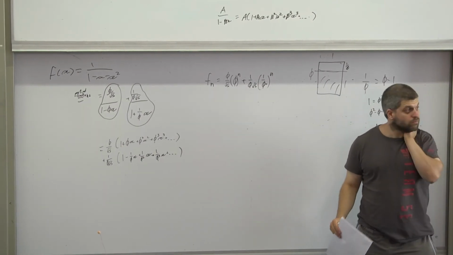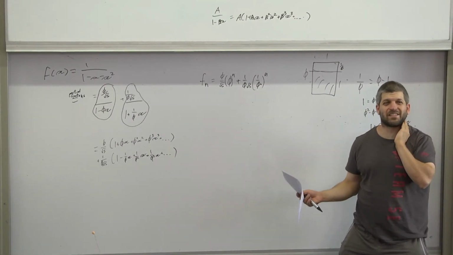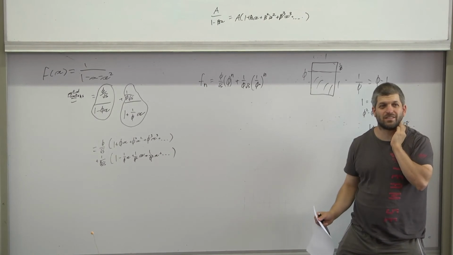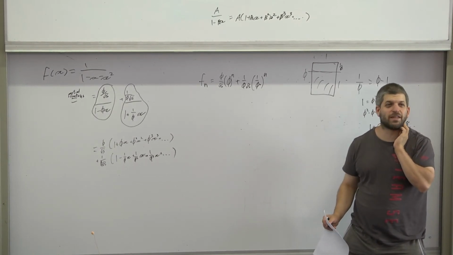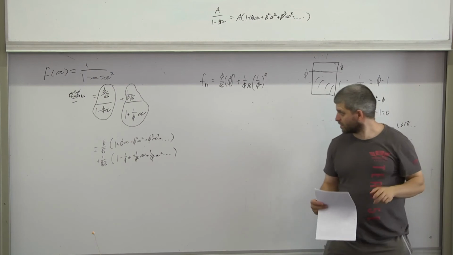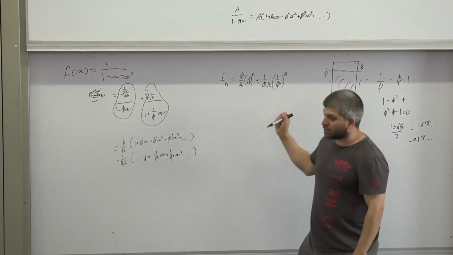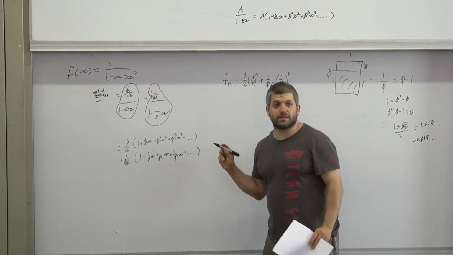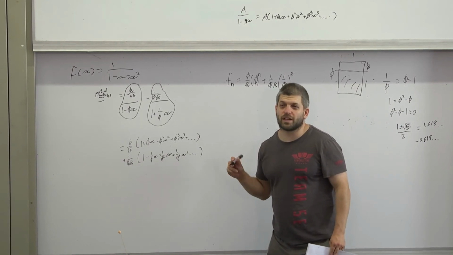Okay, now, is this any nicer than the recurrence? Well, if you want the millionth term, it can be. Now, I'm going to do a little bit of magic and instead of writing phi, I'm going to write like a 1.618.